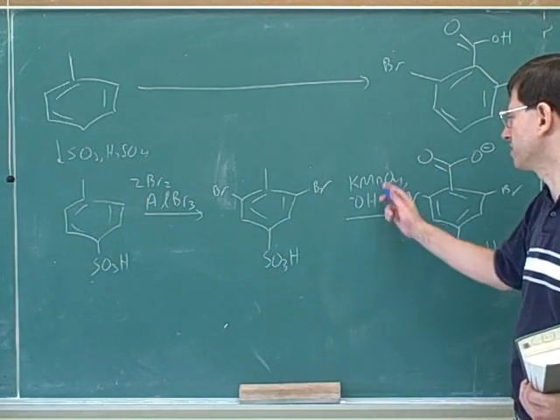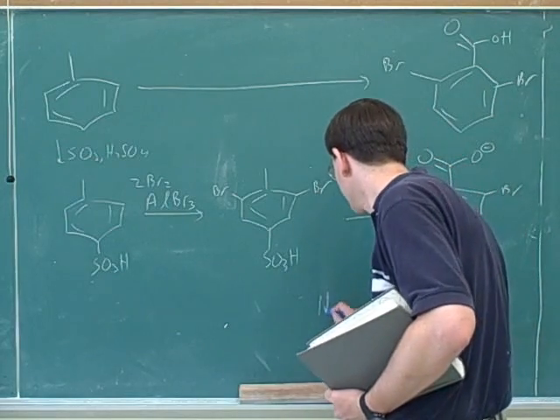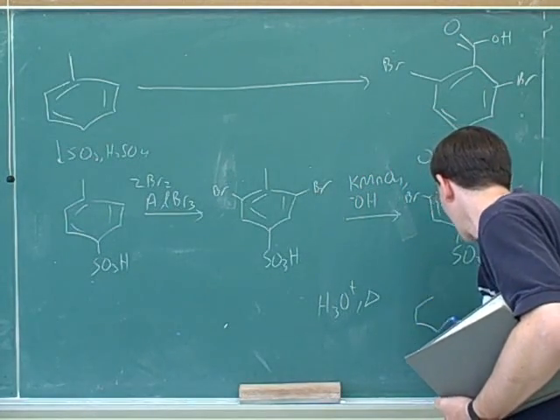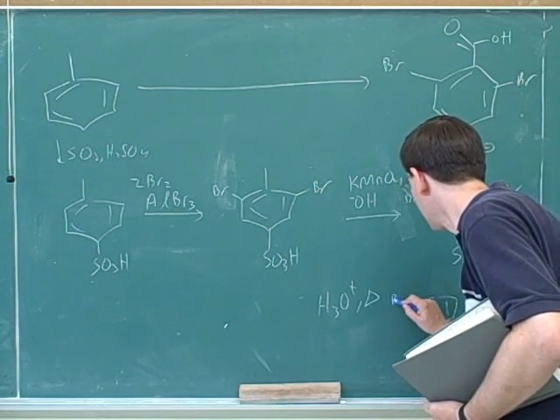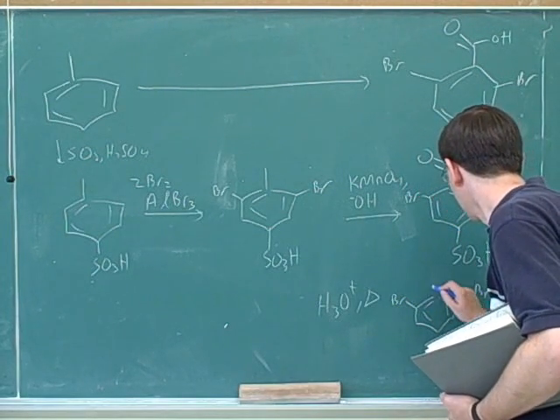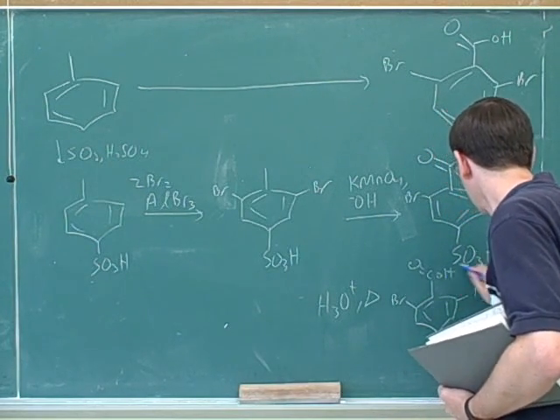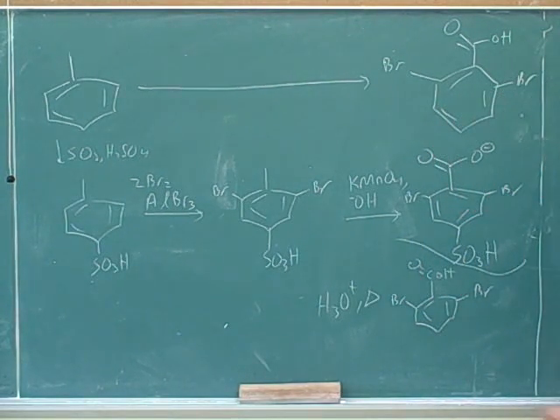Although I guess maybe we wouldn't need this if we were doing the sodium dichromate. But now we can add H3O plus and heat. And no, we don't need to worry about this decarboxylating.